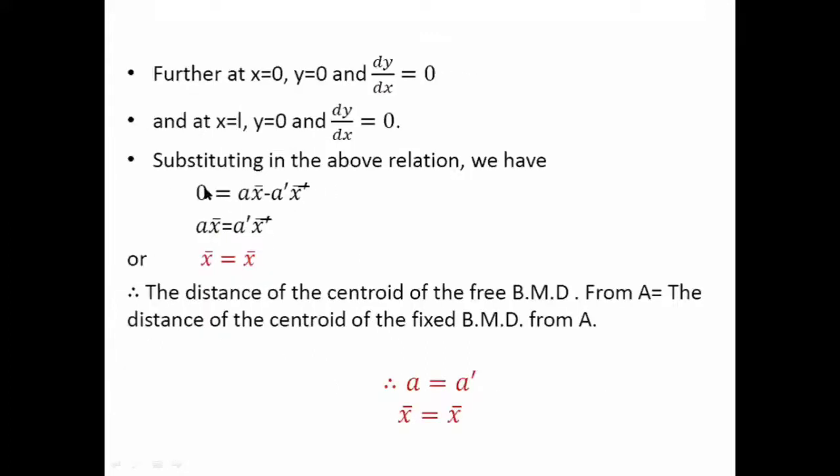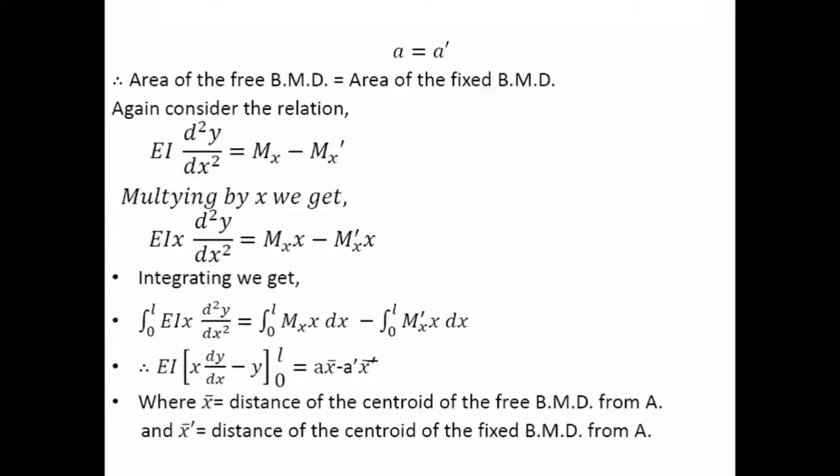So here we will get the equation 0 is equal to A x bar minus A dash x dash bar. So A x bar is equal to A dash x dash bar. Now in this equation we can eliminate A and A dash, because we have previously seen that A is equal to A dash.